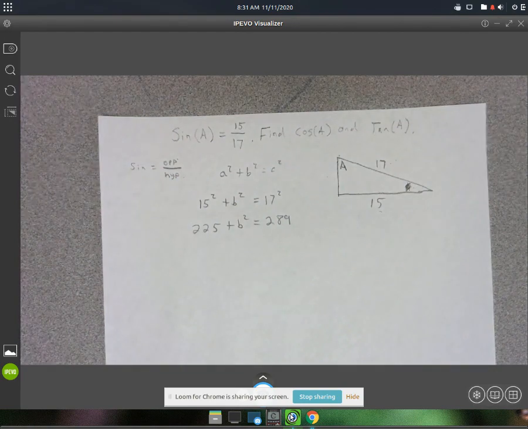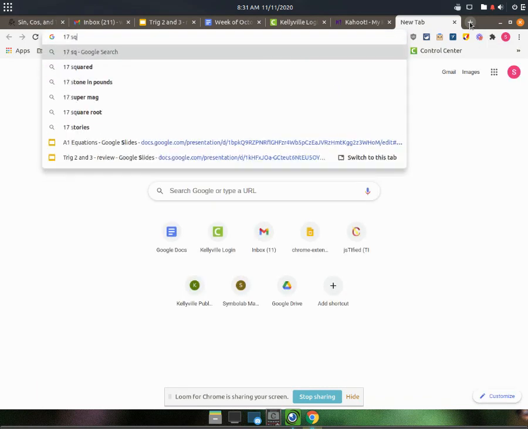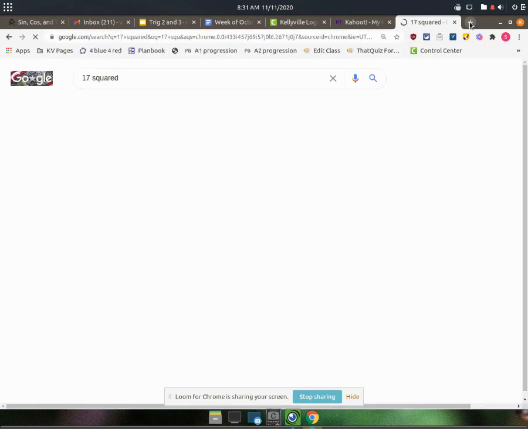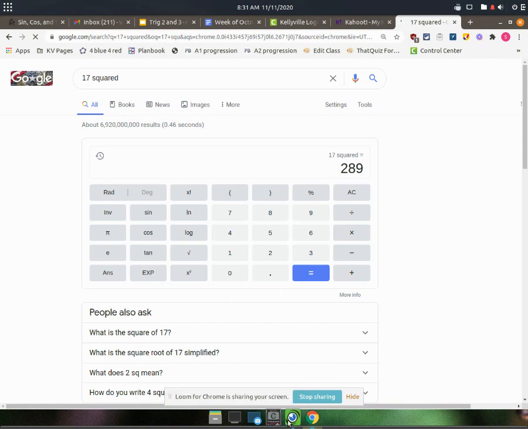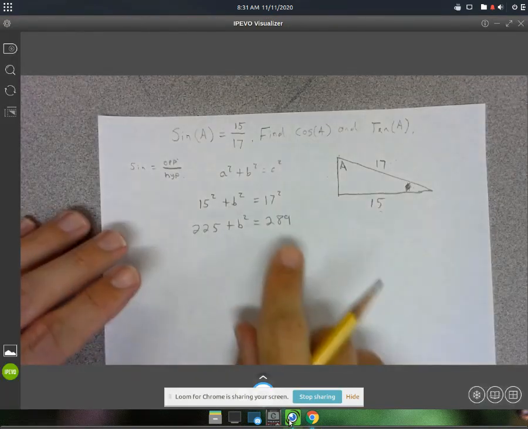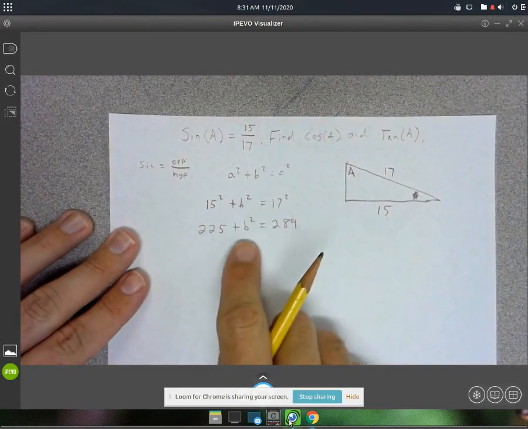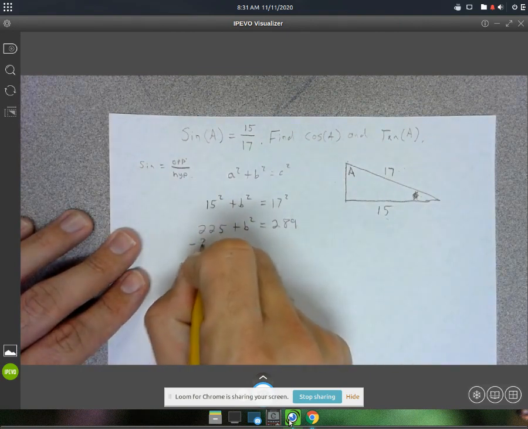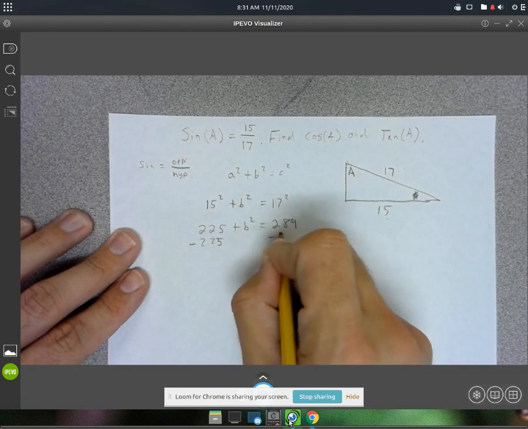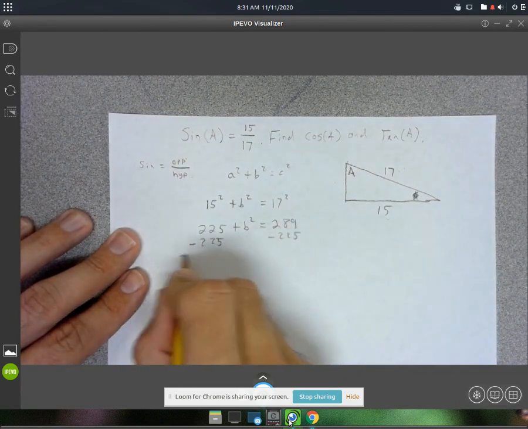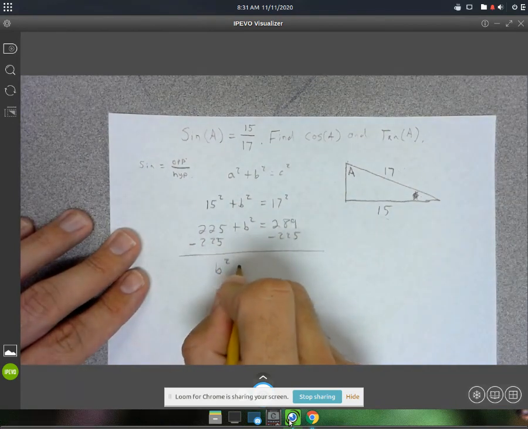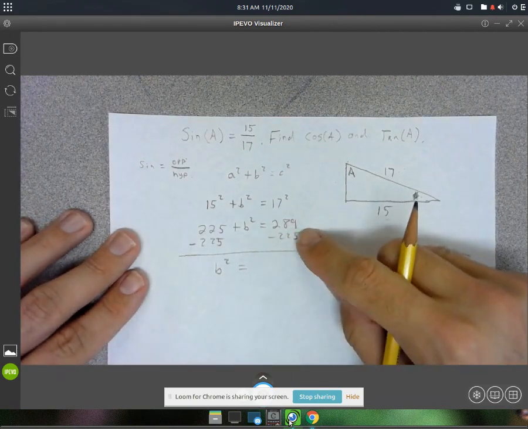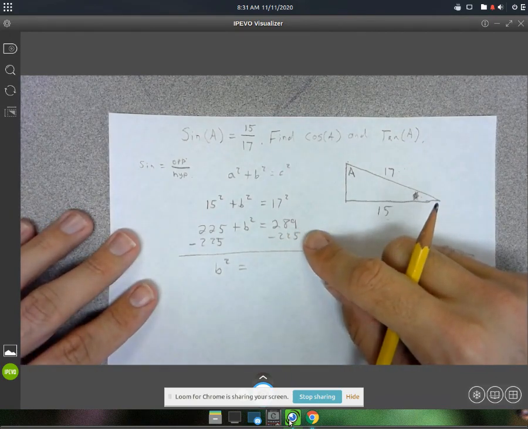Let me go check real fast. Okay, yeah, 289, good. So I get 289 here. And since we're solving for b squared, we're going to have to subtract 225.